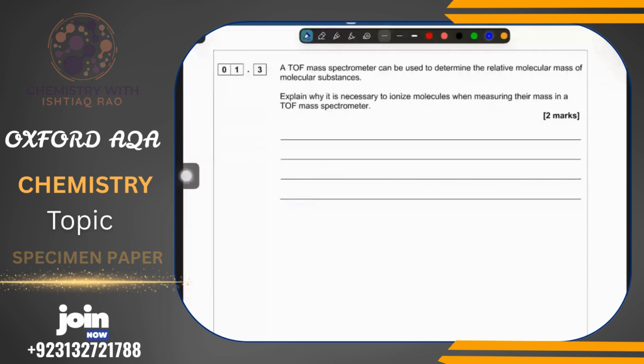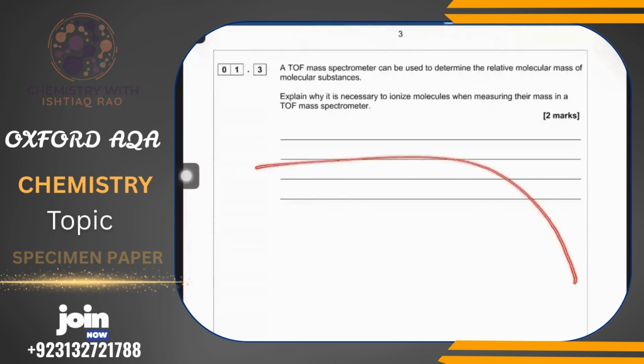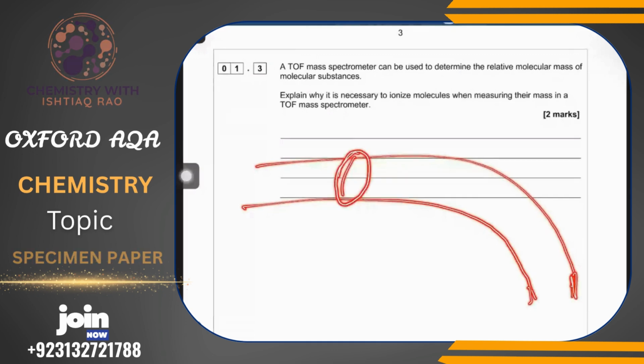If you remember, I have drawn this diagram. This is the ray diagram in which I have attached a hollow disk having a negative charge. This is the negative plate. These are the filaments. This is the sample. The sample becomes a cation over there.